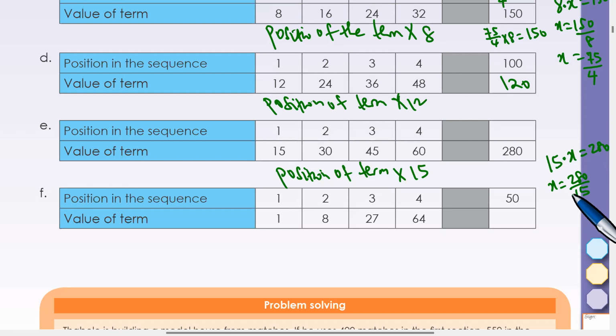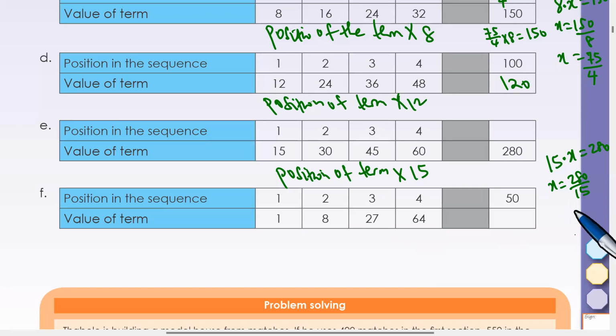What do you think? So is it 280 divided by 15? Yes, it is 280 divided by 15. So is it 18? It's approximately 18.